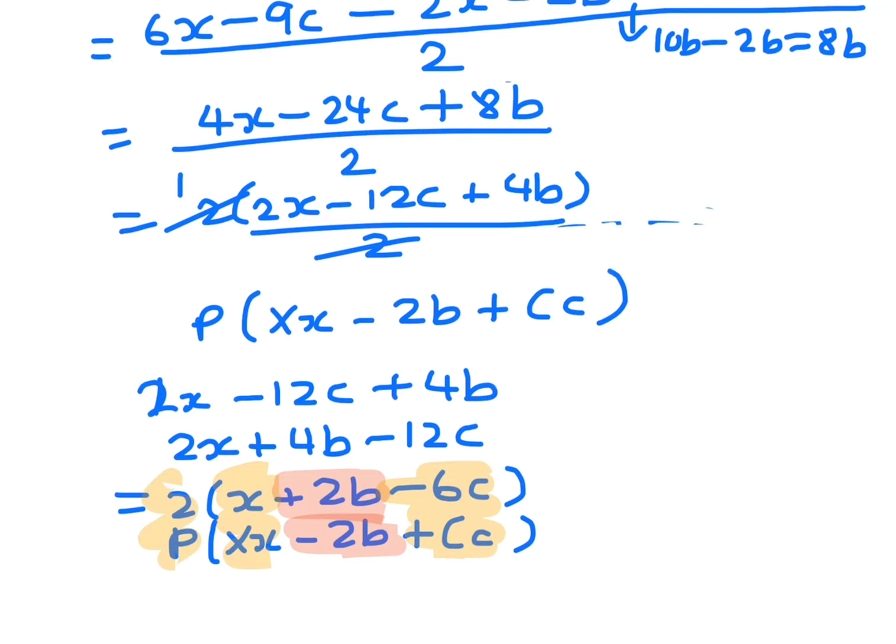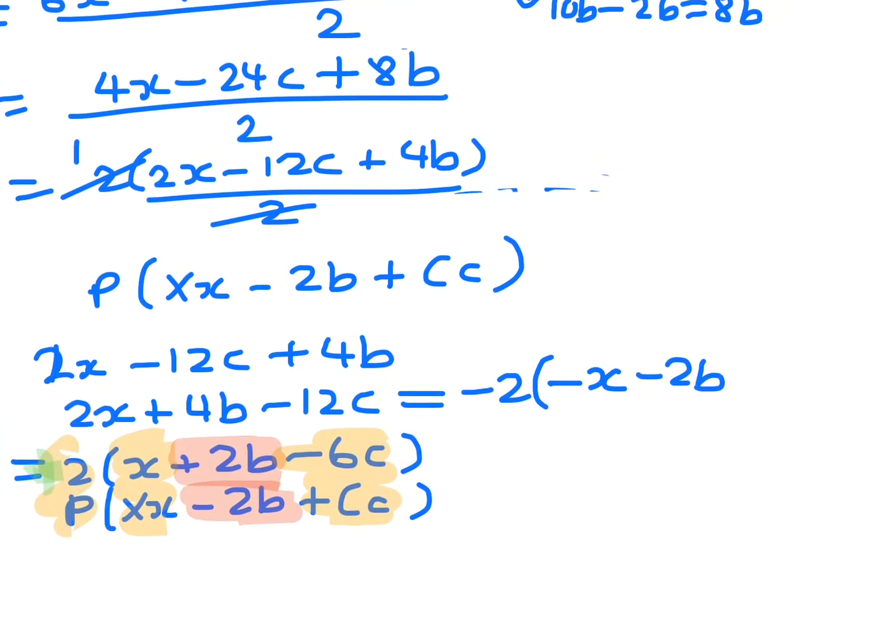So what I'm going to have to do, instead of taking out a plus 2, is take out a minus 2. Because if I take out a minus 2, that would be minus x minus 2b, because there's your 2b, plus 6c. Okay, and then you are comparing that to p, x minus 2b plus c.